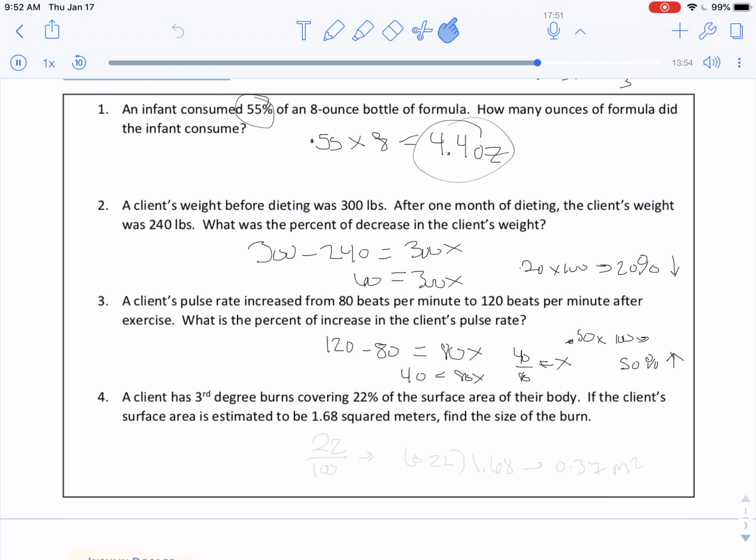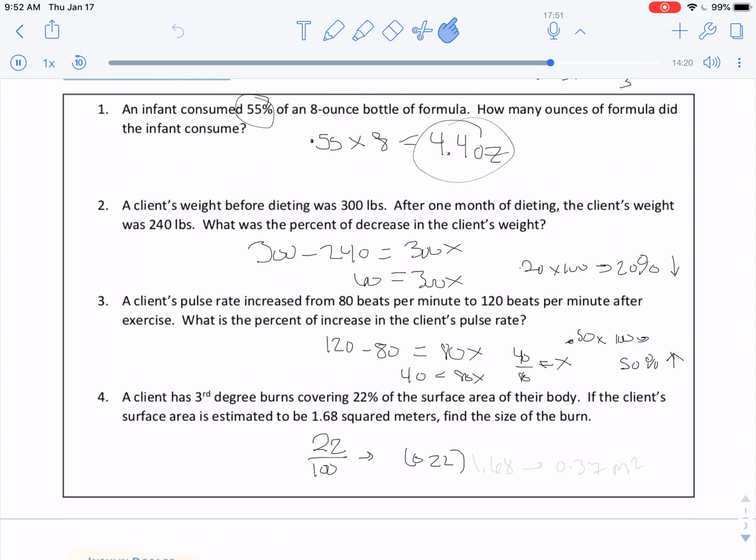of their body. If the client's surface area is estimated to be 1.68 square meters, find the size of the burn. Now, to find the size of the burn, we have to again change our percentage, 22%, into a decimal, giving us 0.22.